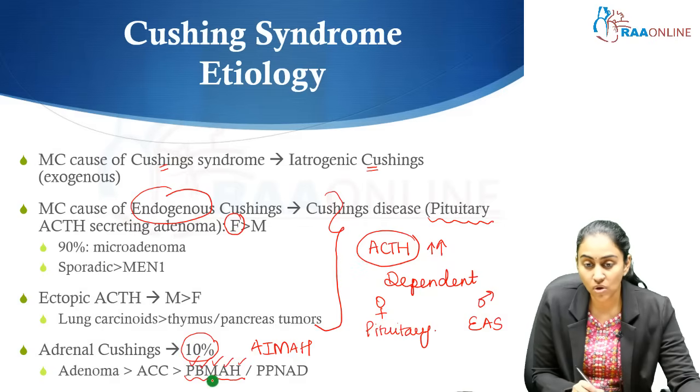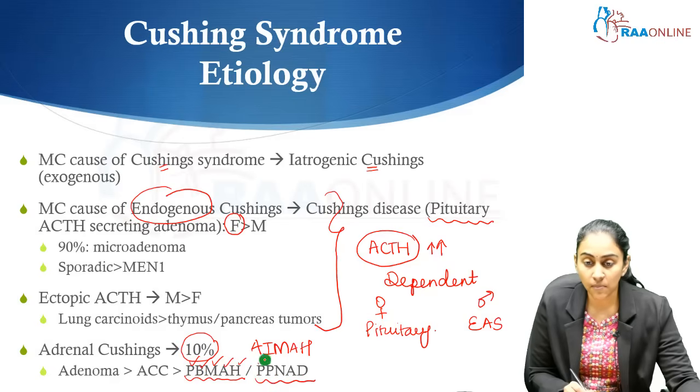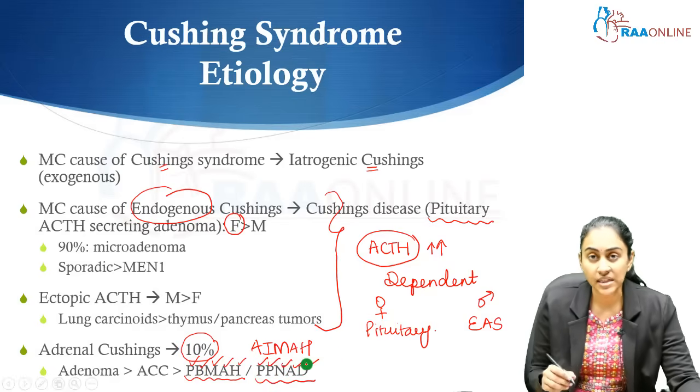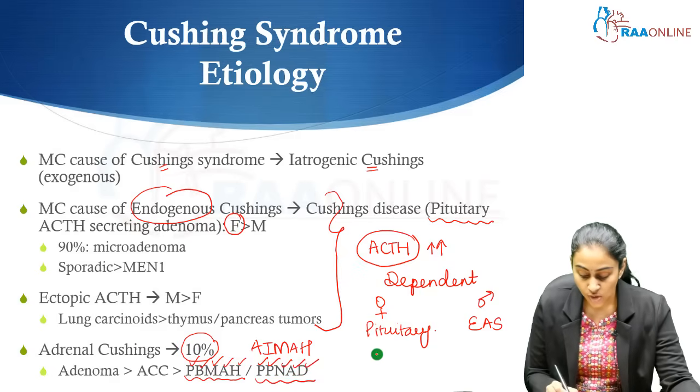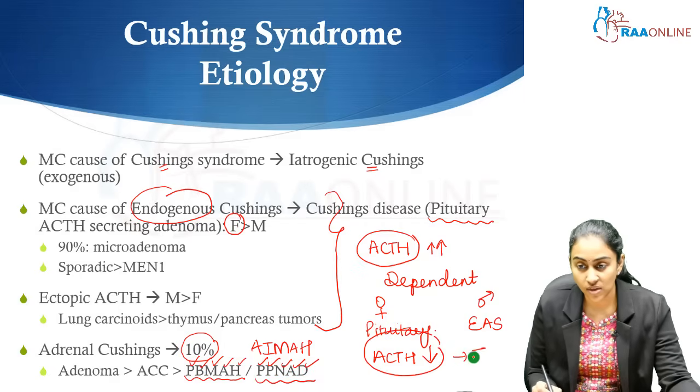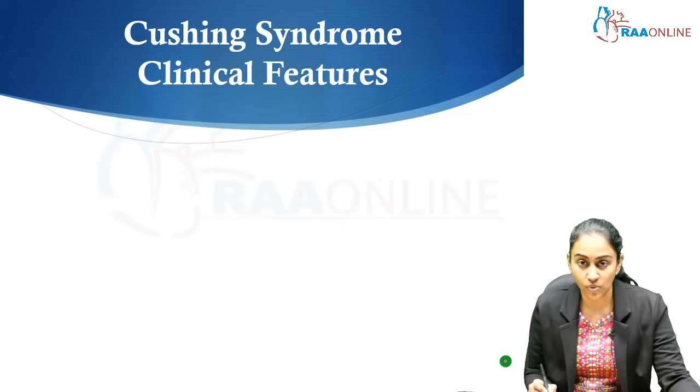So, this is a macronodular state. Now, PPNAD is a micronodular state. This is primary pigmented nodular adrenocortical disease. So, these are all distinct diseases. We will discuss them in detail when we talk about ACTH independent adrenal Cushing's. ACTH is going to be suppressed in adrenal etiologies of Cushing's. Therefore, these causes are known as ACTH independent Cushing's.